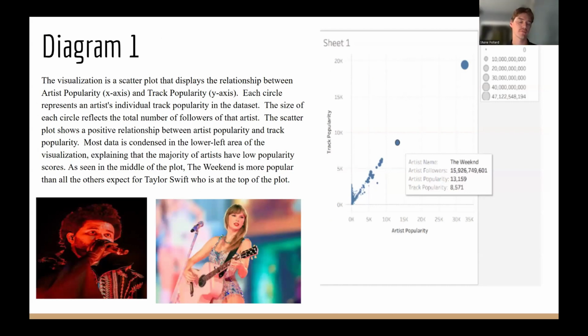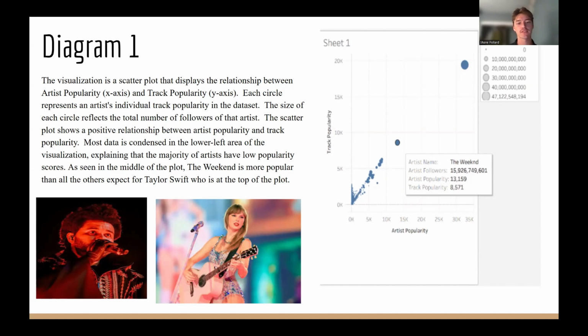So the first visualization that I discovered is a scatter plot, and it displays the relationship between artist popularity, on the bottom x-axis, and track popularity on the y. Each circle represents an artist's individual track popularity in the data set. The size of each circle reflects the total number of followers of that artist. The scatter plot shows a positive relationship between artist popularity and track popularity because it's going up diagonally.